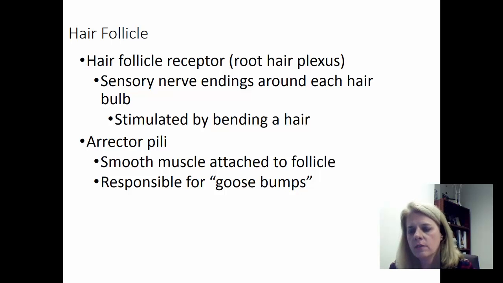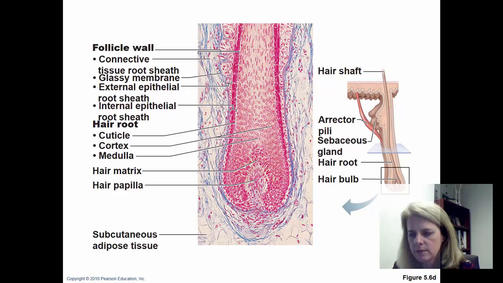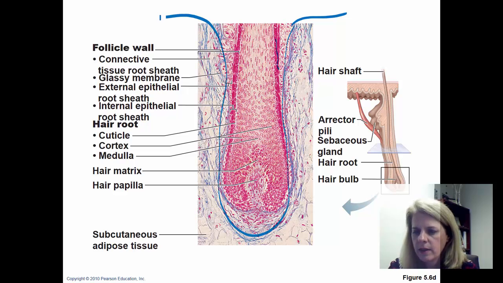The hair follicle, I'm going to show you a picture of that, but you've got your nerve endings, and you've also got arrector pili. So let me go ahead and move to my next slide. So this is my hair follicle here, and if you look in your book, you'll see that the epidermis just kind of comes down and around, and you've got those very similar layers that make up the hair follicle that make up the epidermis.